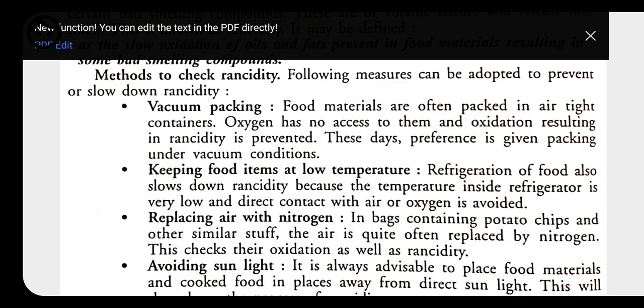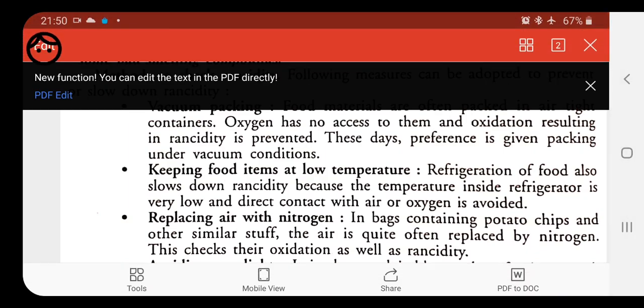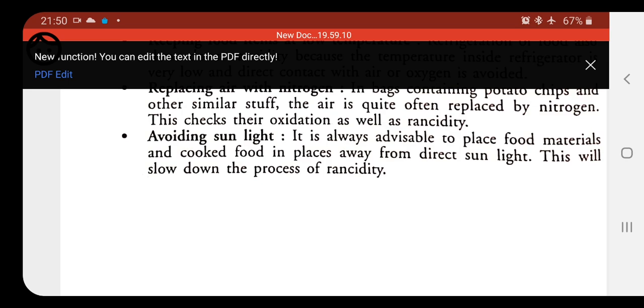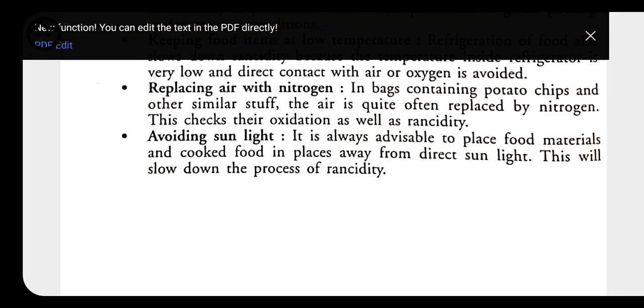Third, replacing air with nitrogen by flushing nitrogen gas into the packet, which does not let oxygen come in contact with the food in the packets. Fourth, avoiding sunlight. That's why on many things it is written, keep in a cool place. So these are the preventions of rancidity.